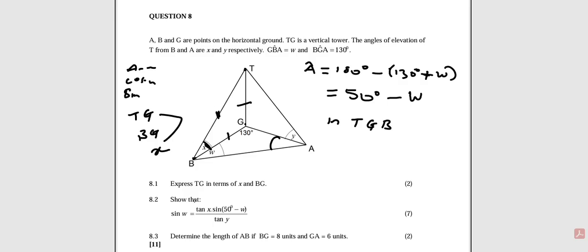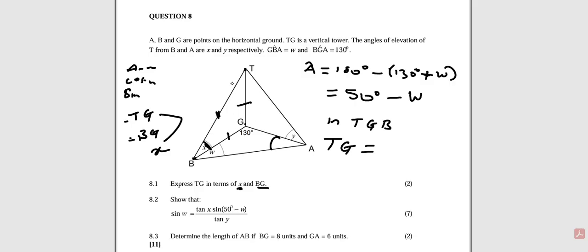So they gave X and BG, which is a length, and TG is the length that we need to express.